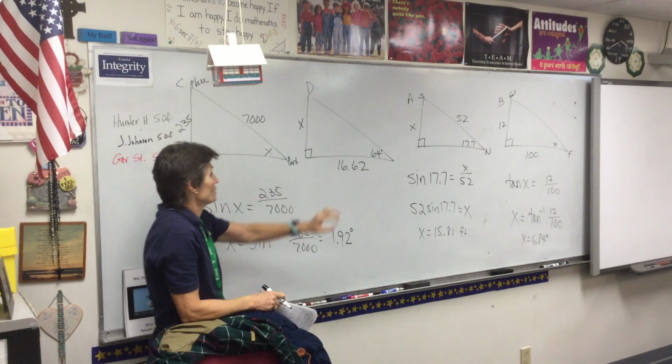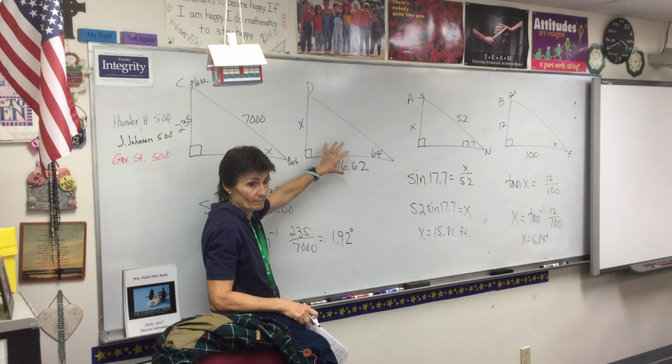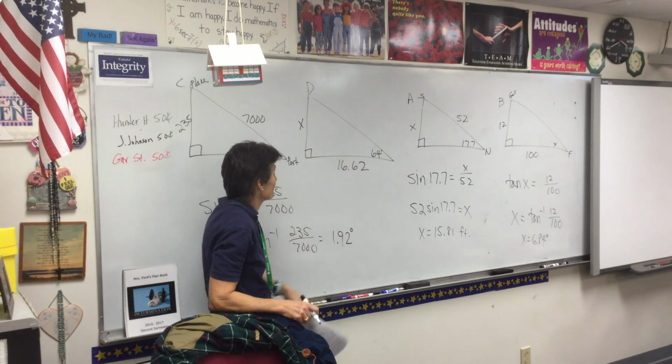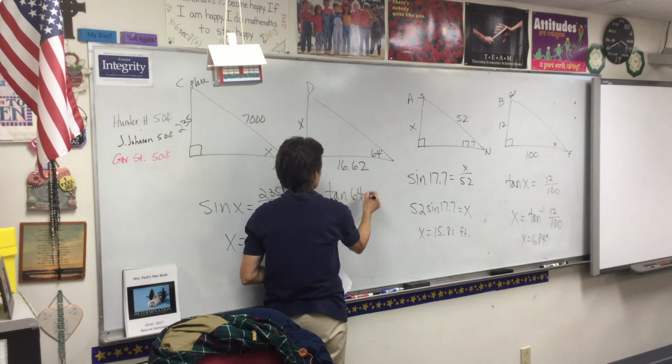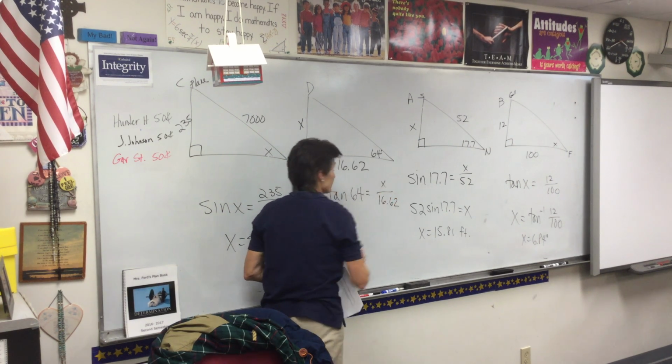It's really important you get everything right because that's how you're going to decide whether you use sine, cosine, or tangent. So what am I using here? Sine, cosine, or tangent? Tangent. So I'll say tan 64 equals opposite over adjacent.